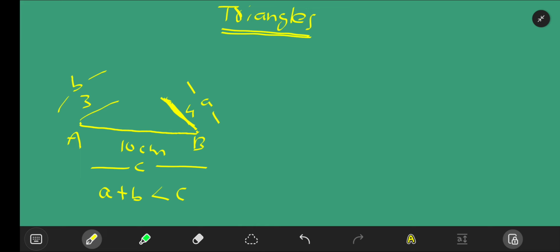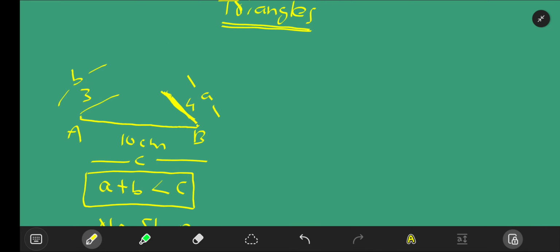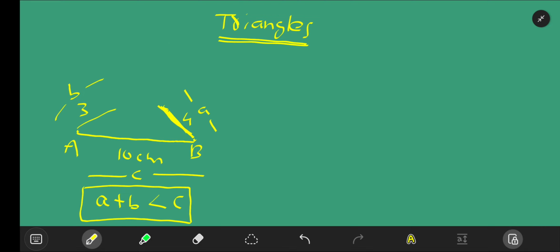If you add 4 plus 3, that is equal to 7. So 7 is less than 10, no? C is 10. So under this condition, no closed figure is forming. That means no shape is formed. Yes or no? There is no shape formed here.